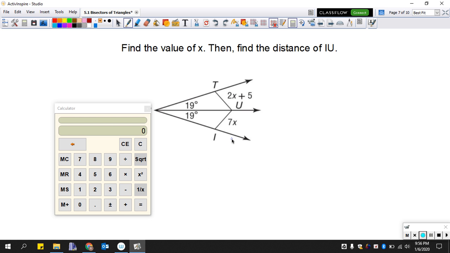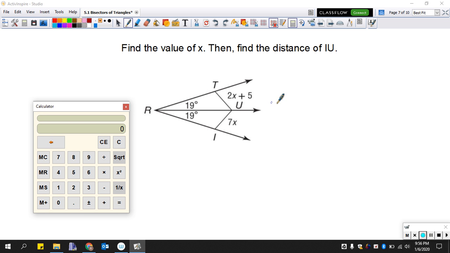All right, find the value of x, then find the distance of IU. You notice here that the two angles are the same. So that means that this line RU is an angle bisector. That means that TU and IU are the same distance away from the sides of the angle.